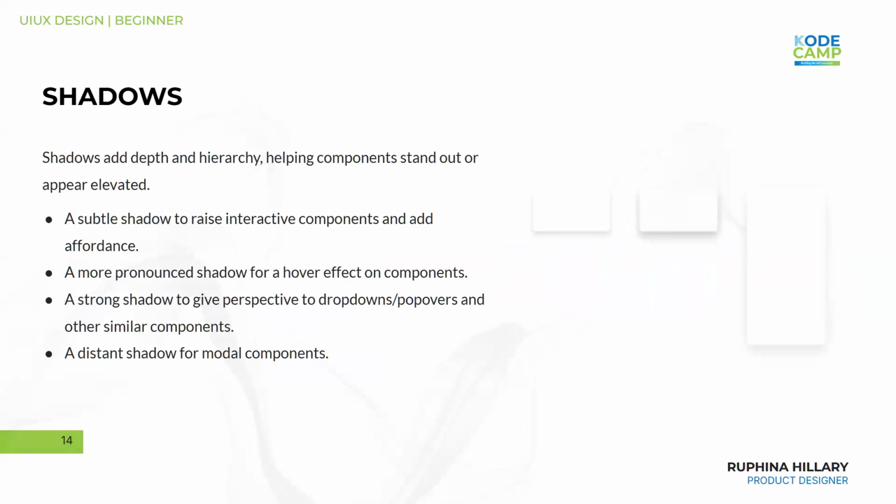Usually we add shadows to give a kind of layer and depth to our design, right? So depending on how the shadow looks, you would decide that this is behind this or this is in front of this.